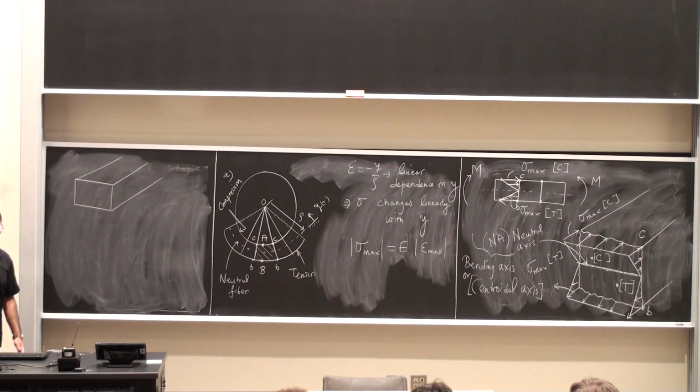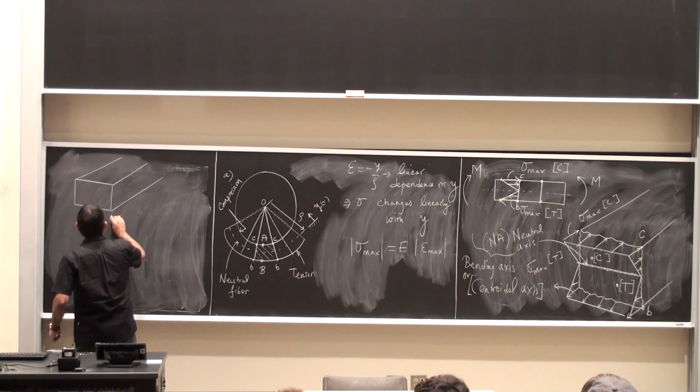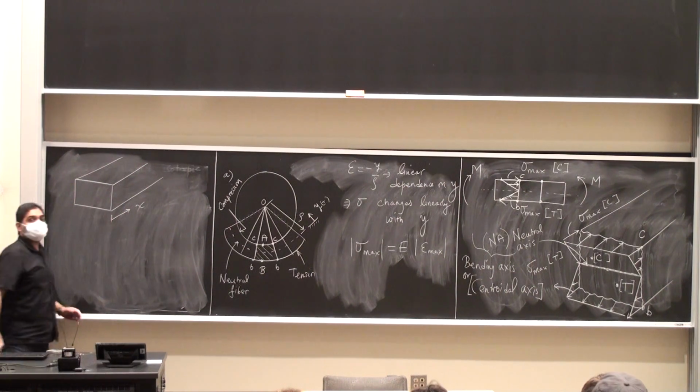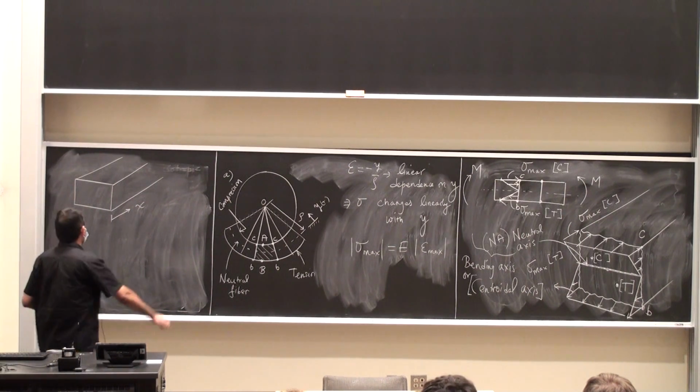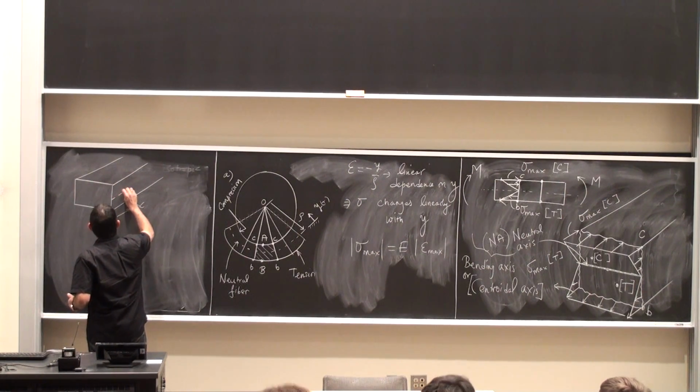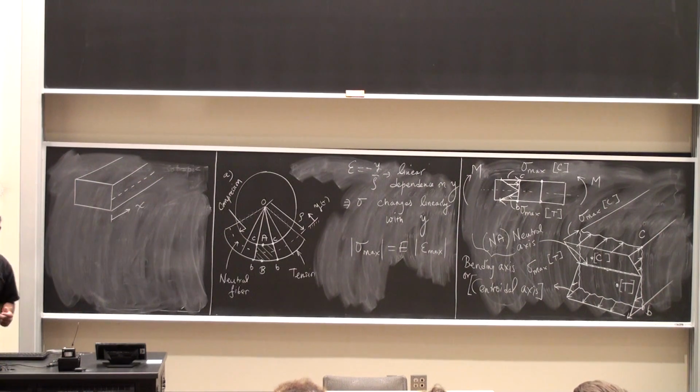Okay, so this is just a view of the beam in 3 dimensions. This is the length scale. This is the x-axis along the length of the beam. Okay? We discovered that there is this line, the neutral fiber, which is along the length of the beam where there are no stresses on that neutral fiber.